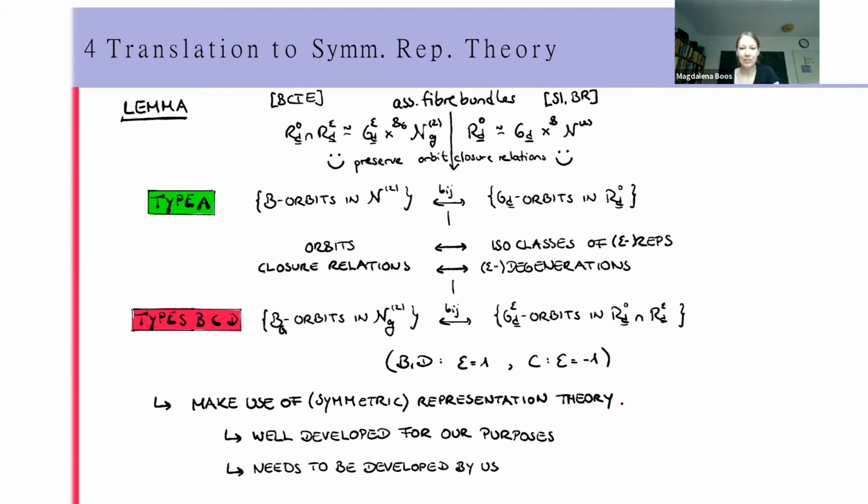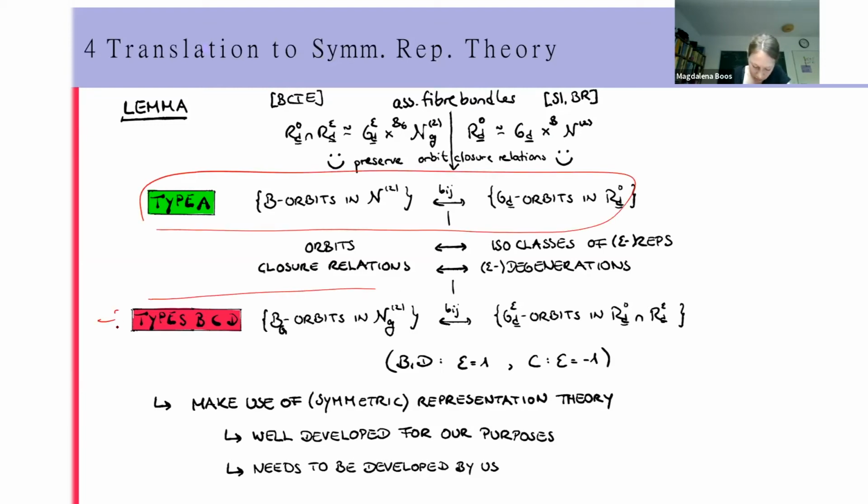So, okay, I put it all in at the same time. Note to self, next time do it more slowly. This is the one we had before, and now this is the new one. Look here: the B_G orbits in N_G^2. So this is the difference. And what do we do on the right-hand side?